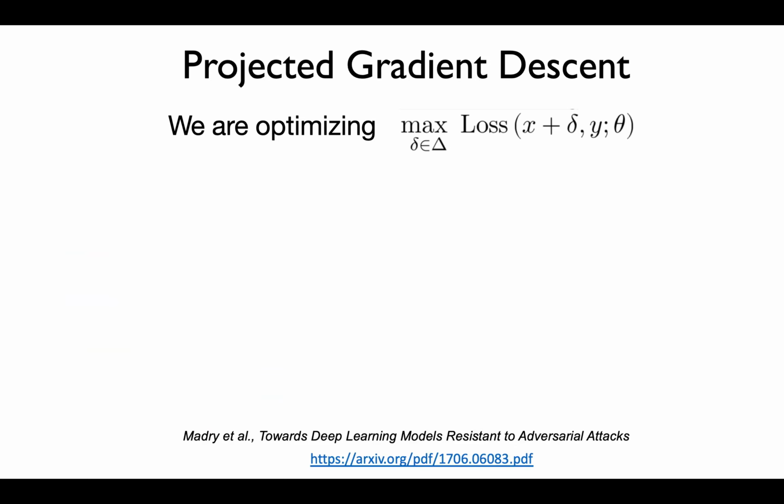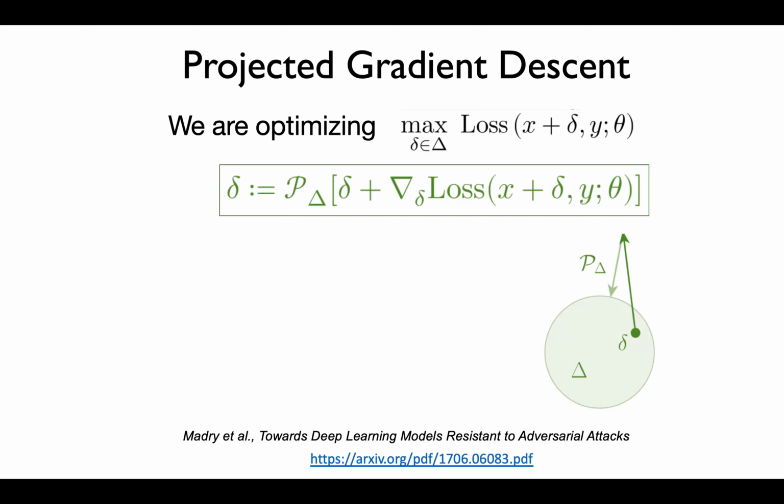Finally, I will talk very briefly of another method which makes use of convex optimization techniques. In this case, you make use of gradient descent, but you also project it back to the feasible set. So for example, if you go outside the feasible set, then you project it back to delta, which is represented here by the feasible set.